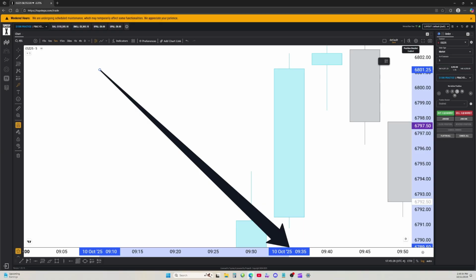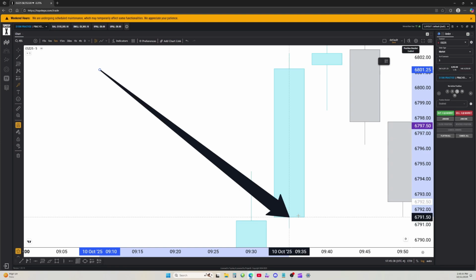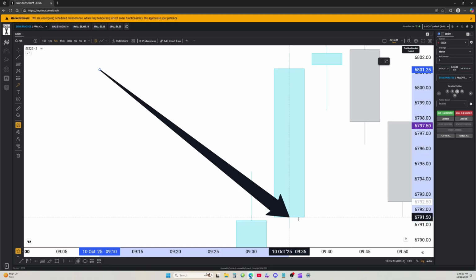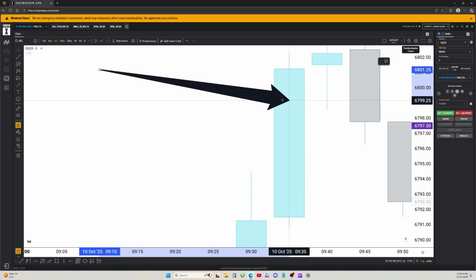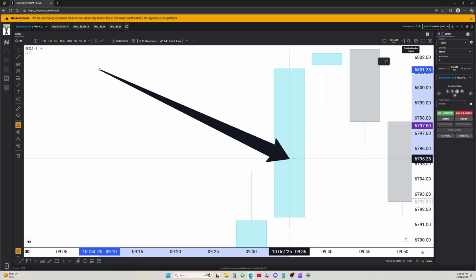Okay. So at 9:30, it closed here because it closes at the top with the bearish. Then it opens at the bottom. That's the open right there. Then it probably went down for a little bit, then it just shot back up, leaving that wick, passing the open, which is the bottom.